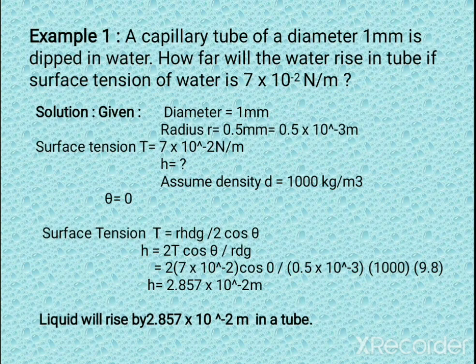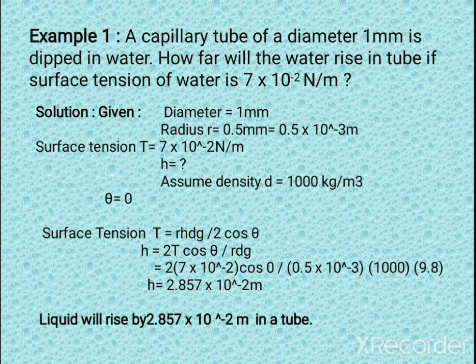So we get the radius from the diameter, that is radius is equal to 0.5 mm. We are taking all the units in the MKS system because surface tension is in Newton per meter. So we are converting millimeter into meter. So radius is equal to 0.5 into 10 raised to minus 3 meter.